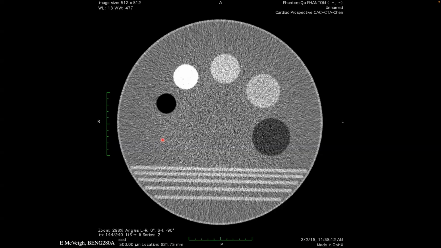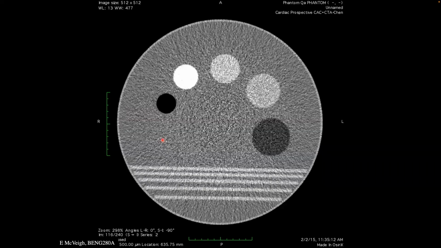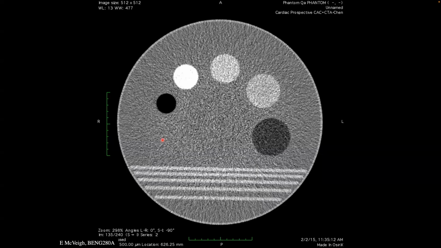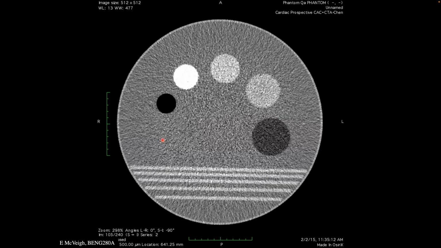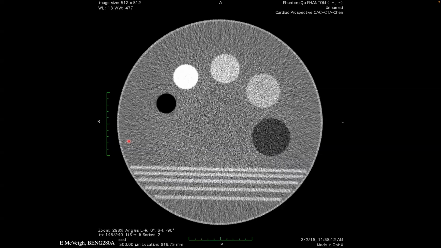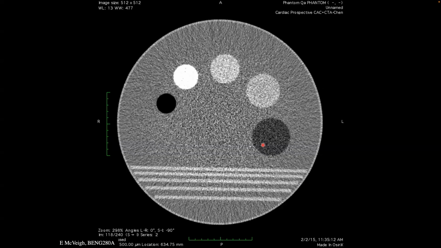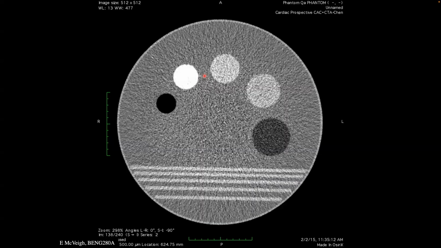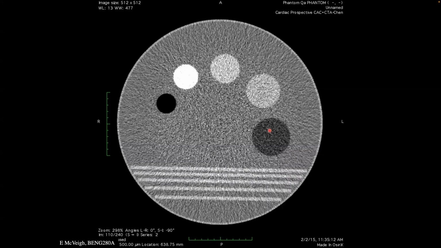Normally with these phantoms, they pick materials that have different mu values such that it spans the relative contrast. These are all fairly high contrast from water, right? And then you can have different simple things like different concentrations of iodine, although this looks like it's less than water.